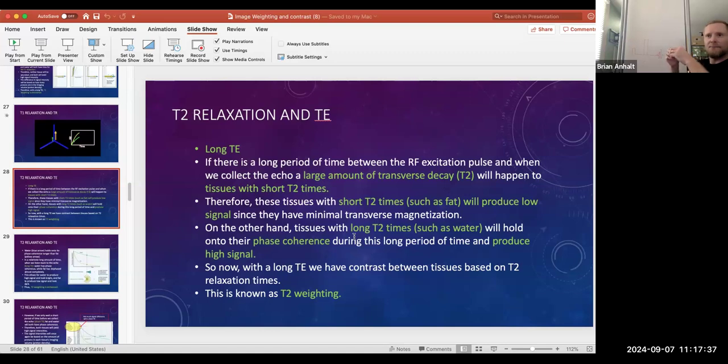Right? So if we excited, refocused, and listened back to the echo, that would be absent of T2 information. We excite, we allow for a long decay time, we refocus, listen back. Now we have differences in signal intensities based on T2 relaxation times, also known as T2 contrast.